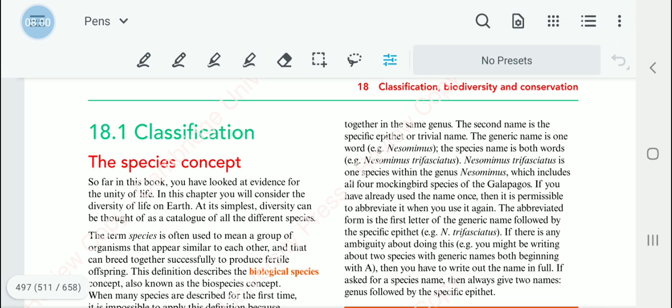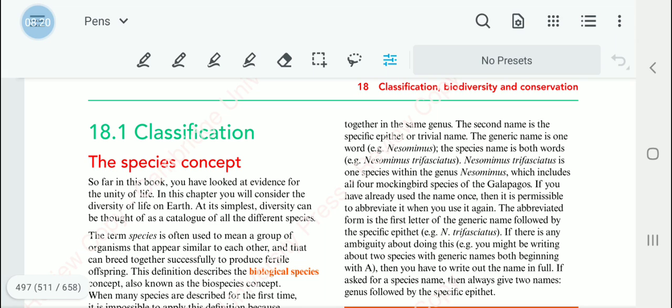The generic name is one word. Now, for example, Nesomimus. The species name is both words; we take them together to give you the species name.